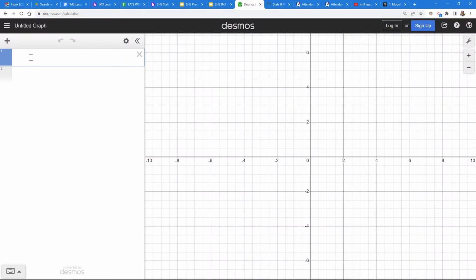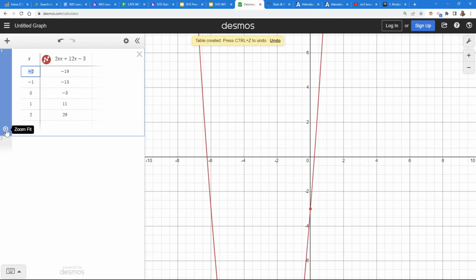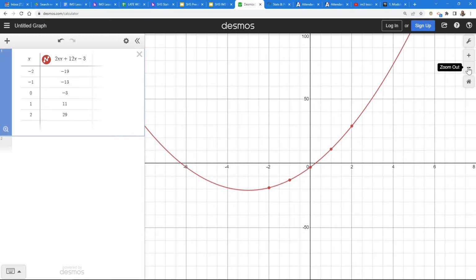All right, let's say in Desmos, I want to graph that question. So y equals 2x squared plus 12x minus 3. You'll notice the graph doesn't fit, so if you click on the gear icon or the circle, click on the table here, and then if you click on the magnifying glass, that'll zoom into the points that you want. But if you zoom out on your graph and you click on the vertex, the minimum, you'll notice that this is actually question 4b.